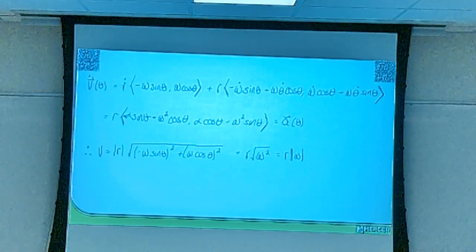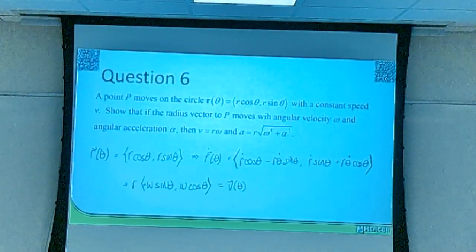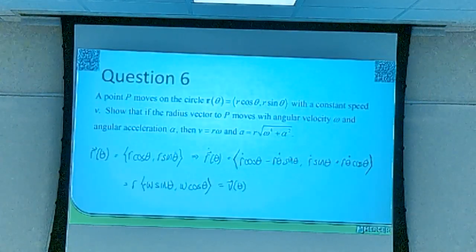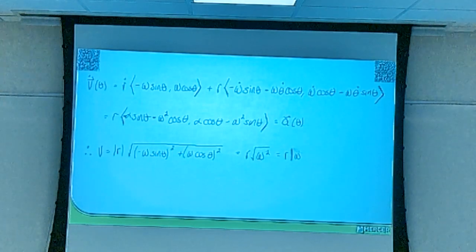So I'm going to make an assumption here: we assume that it's a positive angular velocity, so it's going counterclockwise, in which case you just get rid of the absolute value.